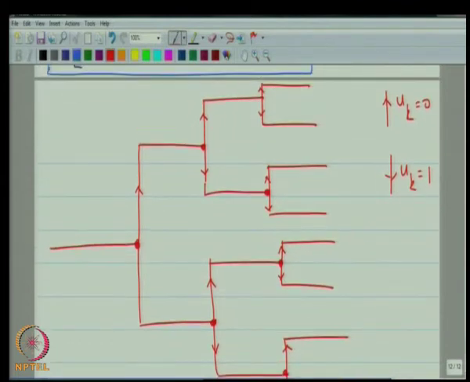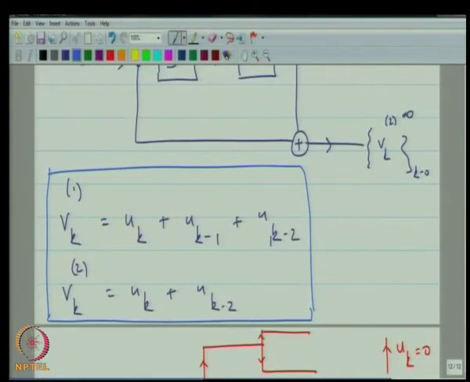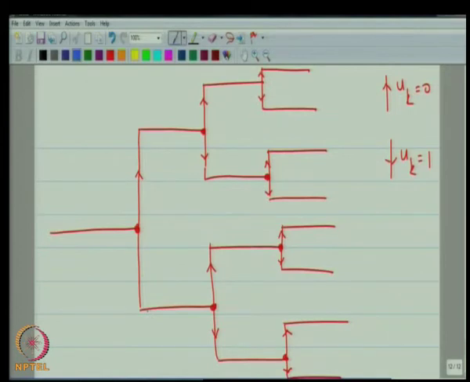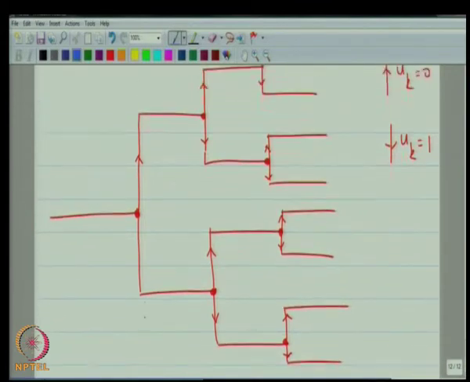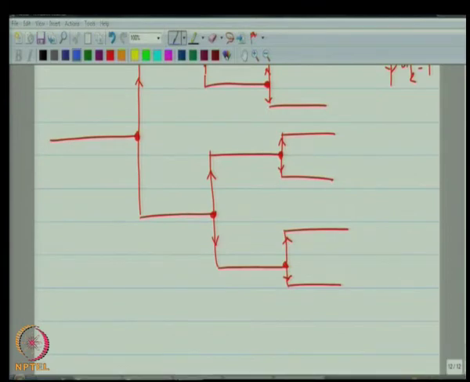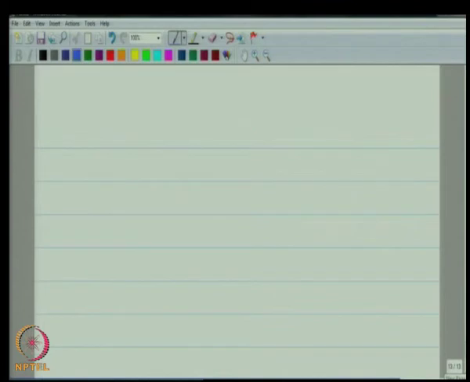Every code word trace corresponds to a path in this tree. And what about the output symbols? The output symbols are generated using this expression here. So for that it is convenient to set up a table in which we put down both inputs and outputs.